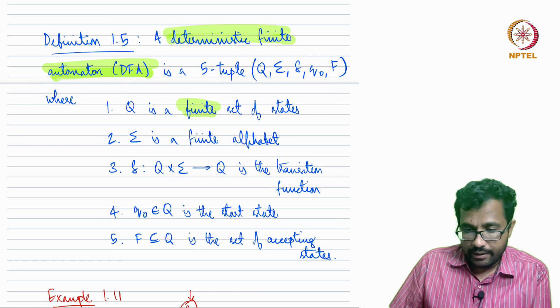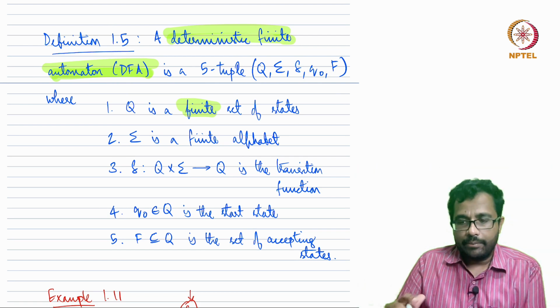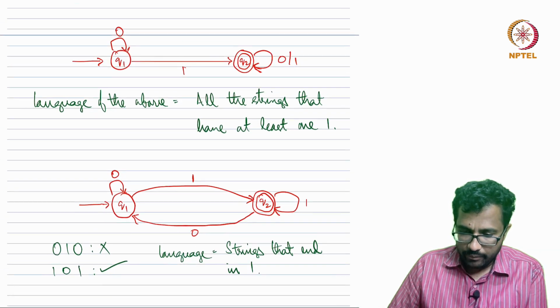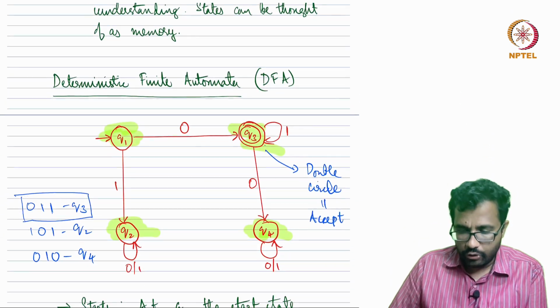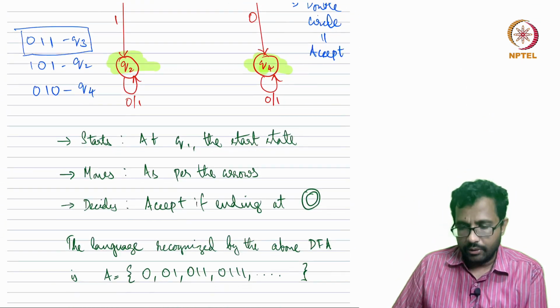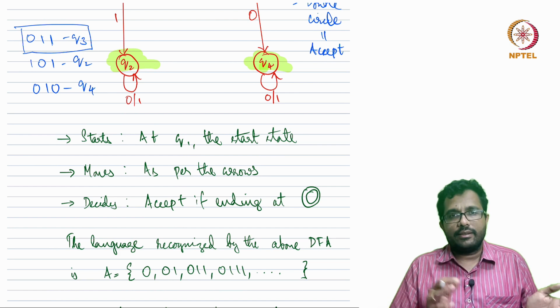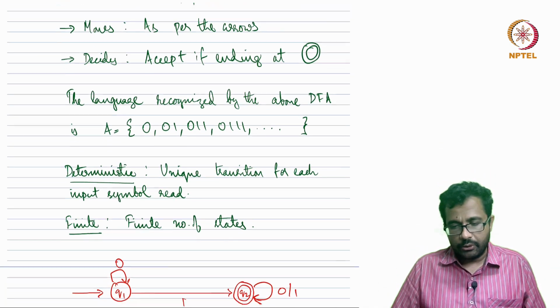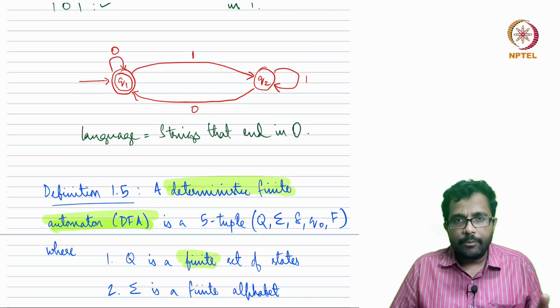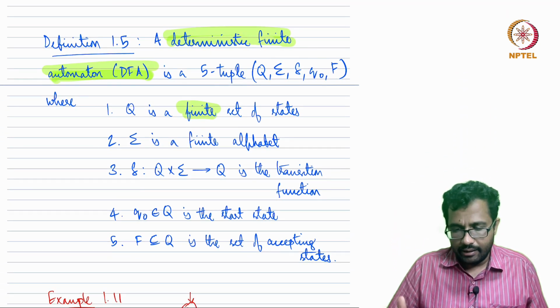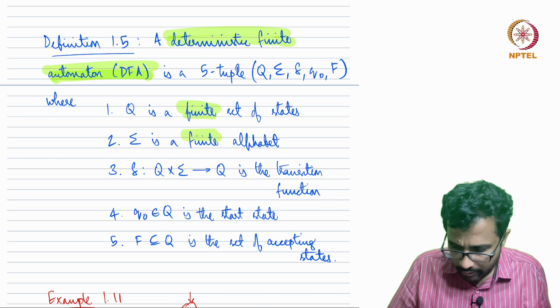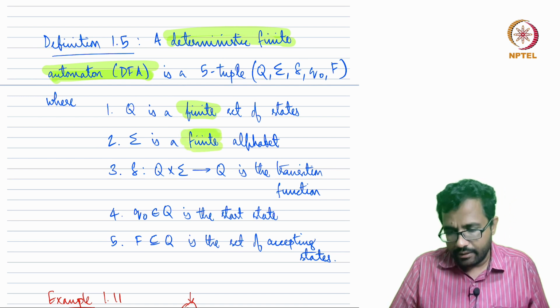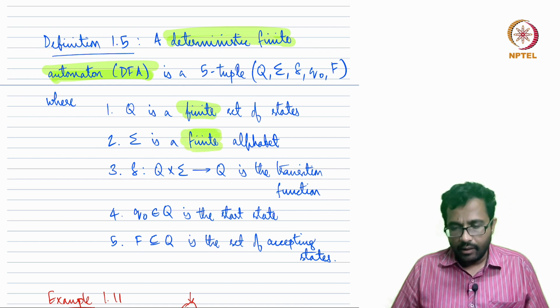Sigma is the alphabet, right? In all the examples that we saw, the alphabet was 0, 1. So we had arrows labeled 0 and 1, and the strings that we are dealing with were also made of 0 and 1. So the alphabet was always binary in the examples that we saw. So that is the alphabet, and it is finite.